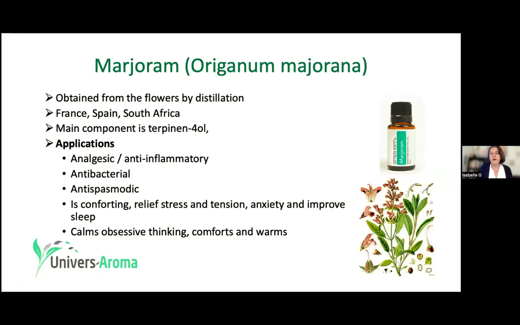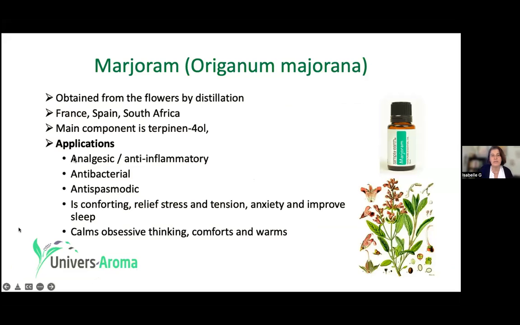Then you have marjoram. The smell of marjoram is a mix of lavender and thyme. I like the smell of marjoram, and it comes from the flower. Usually it's from France, Spain, or South Africa.